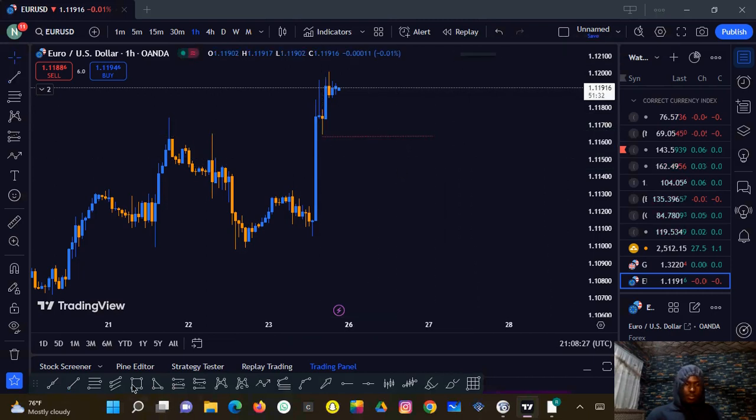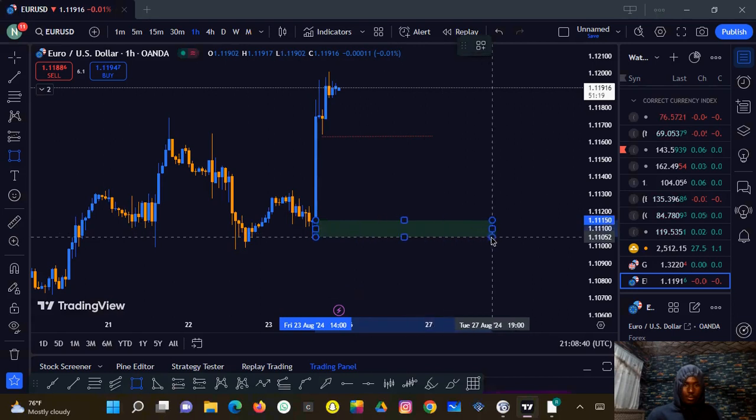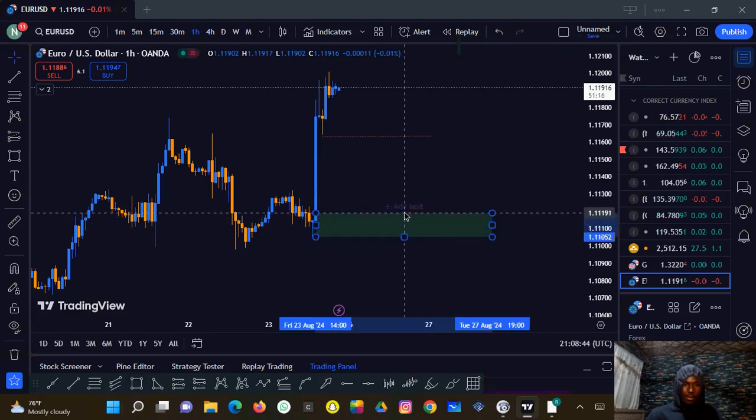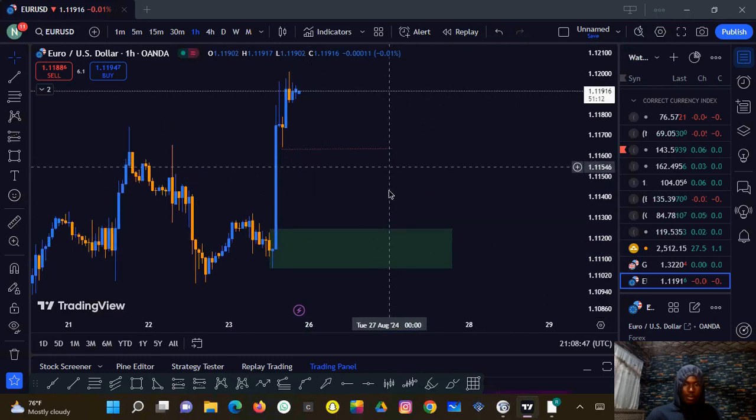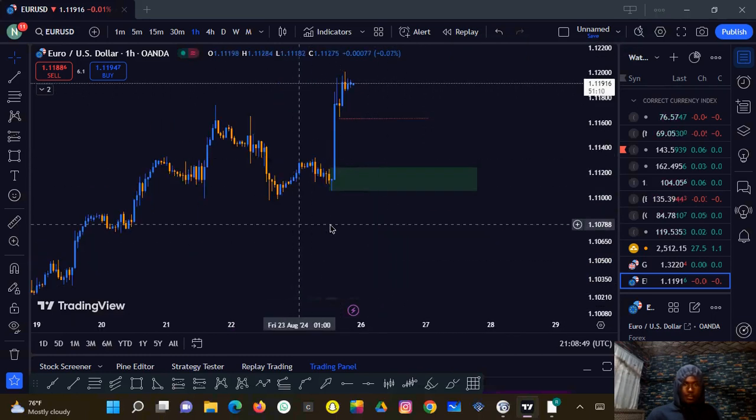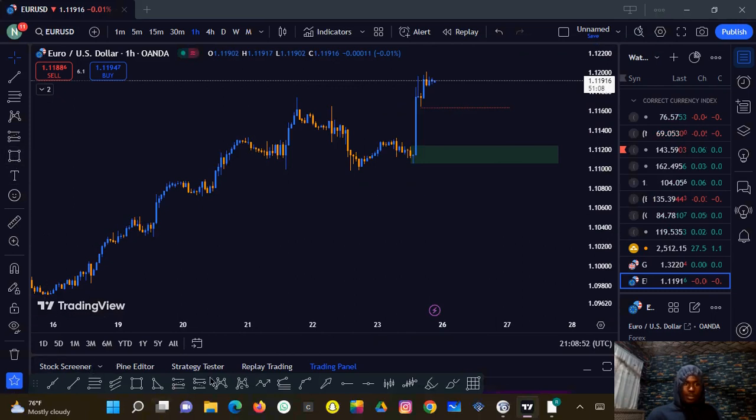So what I'm going to do is mark this order block. The order block can be only here. It's advisable to mark it. So I can be expecting something like this.